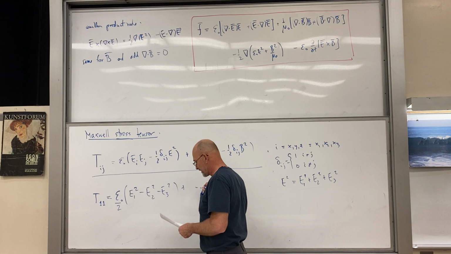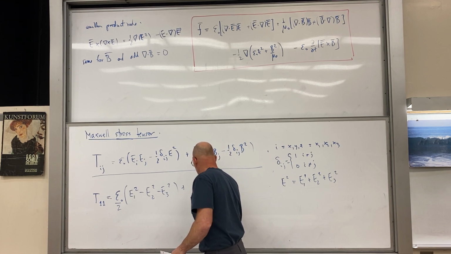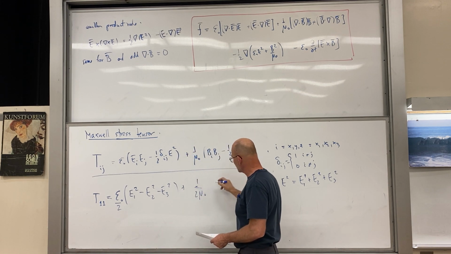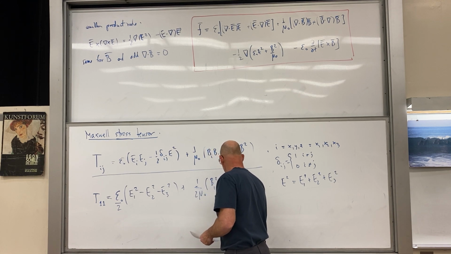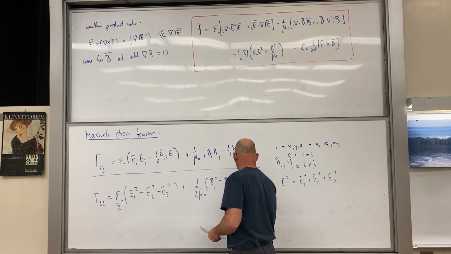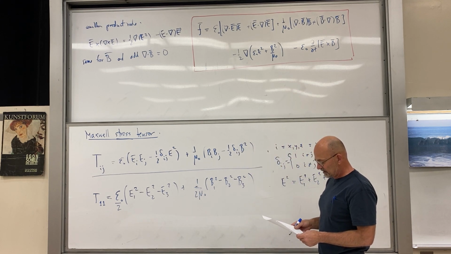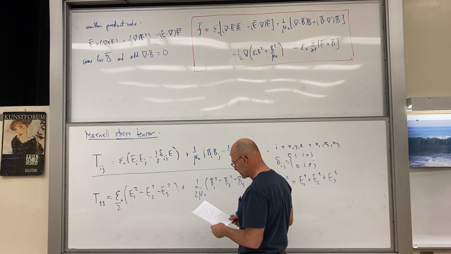And then we'll have the same thing over here. I'll go ahead and write it out. Plus 1 over 2 mu naught, same reason for the 2, (B1 squared minus B2 squared minus B3 squared). And an off diagonal, I won't do all of them.